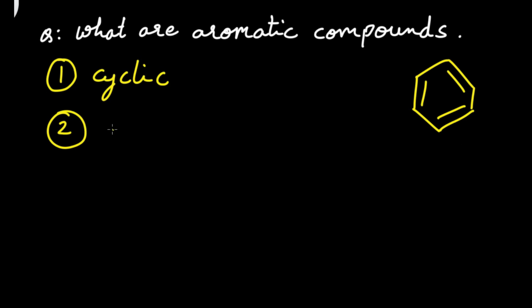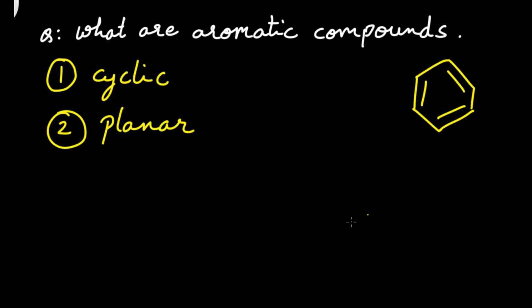Second condition is planar. Planar means the compound should lie on the plane of paper. All the atoms present in any particular molecule should lie on the plane of paper.